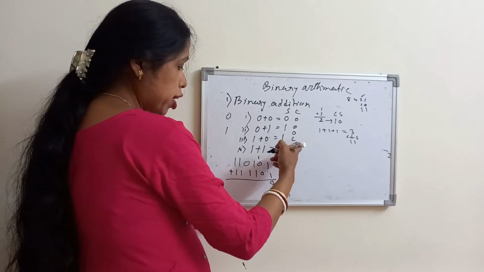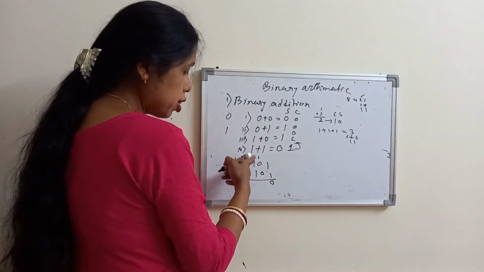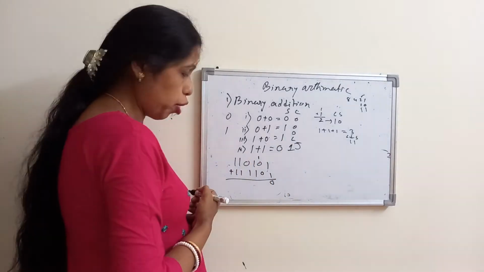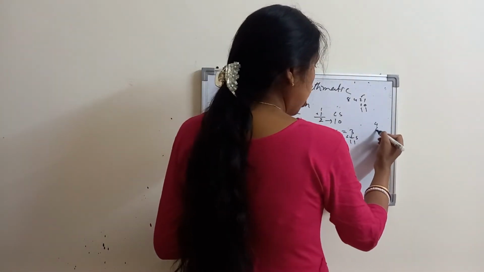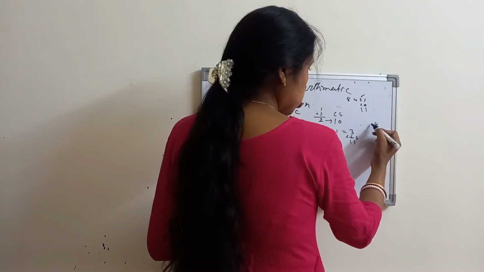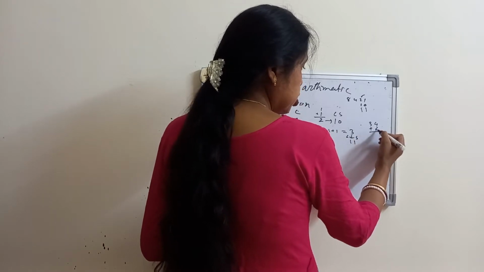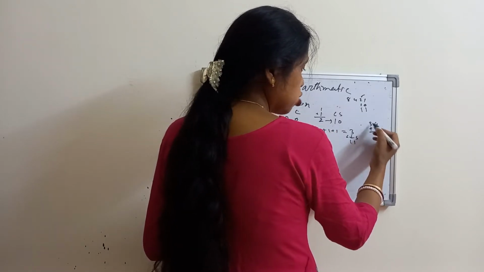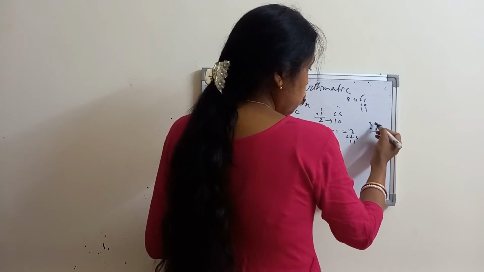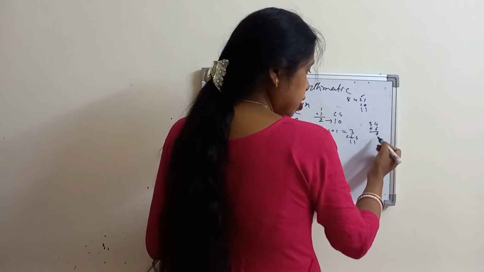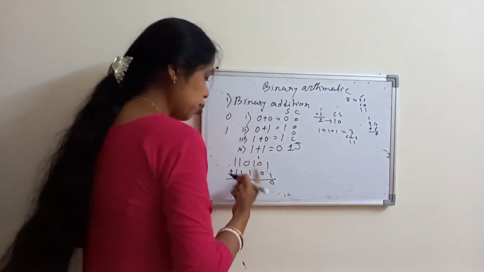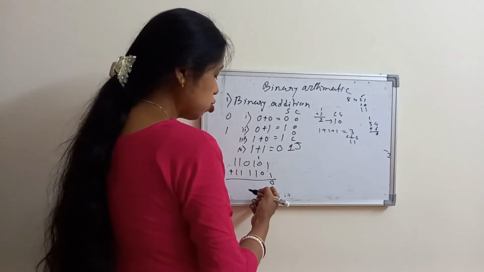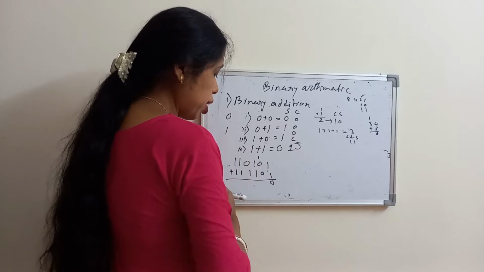Whatever carry you get will appear in the next position. Suppose you add 34 with 6: 4 plus 6 is 10, the 0 stays here and the 1 appears in the next place. In the same way, 1 plus 1 is 0, and the carry will appear here.